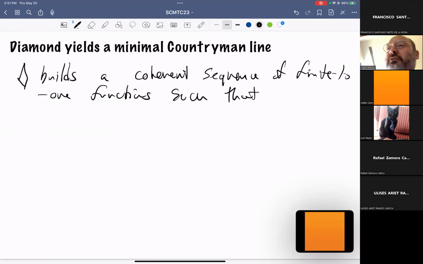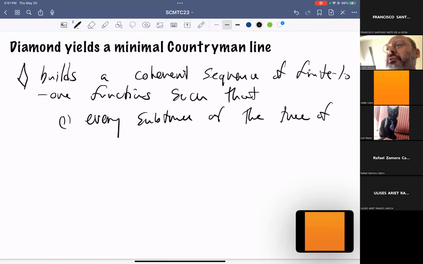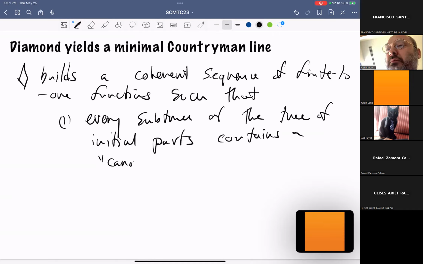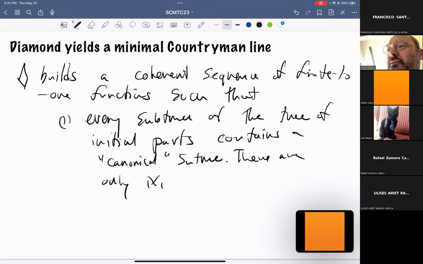Such that one, every subtree of the tree of initial parts contains a sort of canonical subtree. This collection of canonical subtrees, there are only aleph one of these.